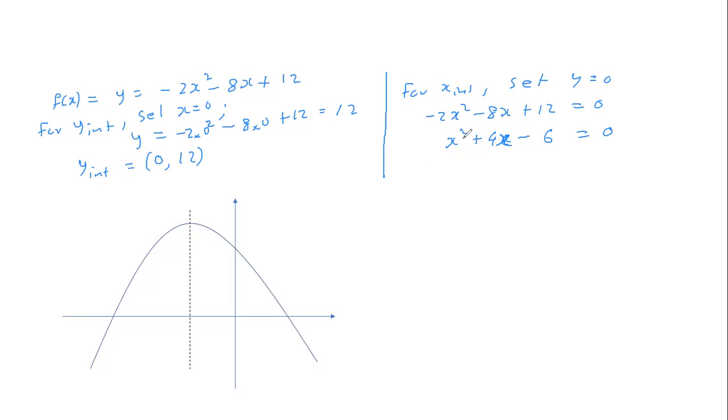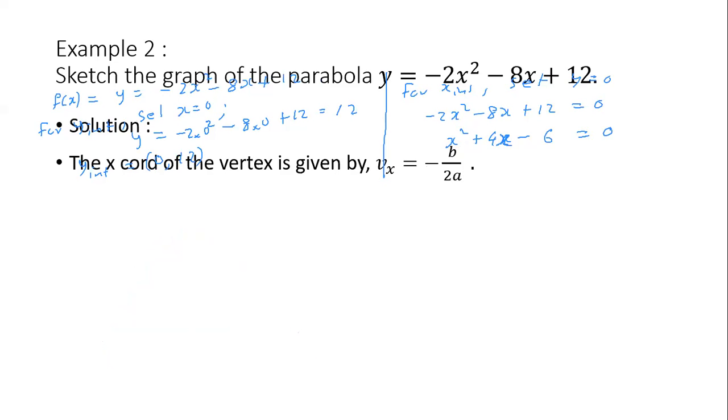Do we have to find the x-intercept? Unless the question asks you to find the x-intercept, finding the x-intercept is not a must. Let me go back to the question. Sketch the graph of the parabola y equals negative 2x squared minus 8x plus 12. Right?